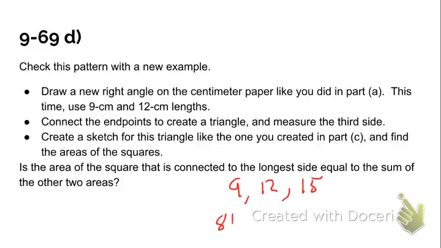So that would have been 81 plus 144, the two areas formed by those lengths, and now 15 times 15 is going to be 225. Yes, those match up perfectly.